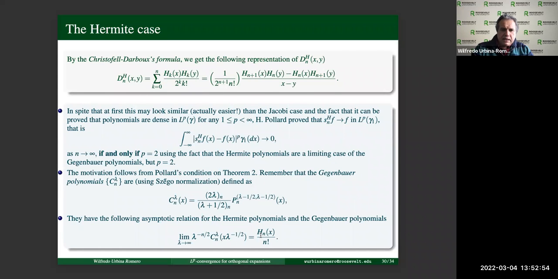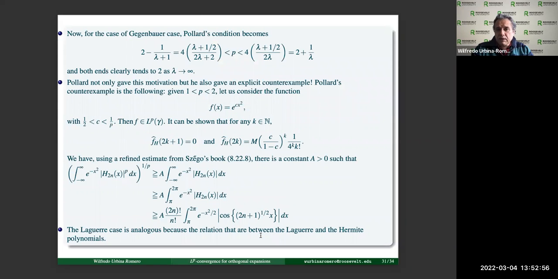And he gave a counterexample. He considered this function, and he saw that the Hermite coefficients in the odd part, the odd coefficients for the Hermite polynomials are 0, and the even coefficients are like this.